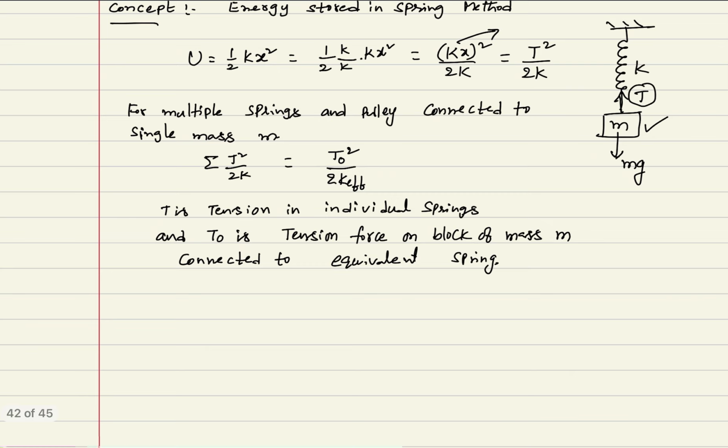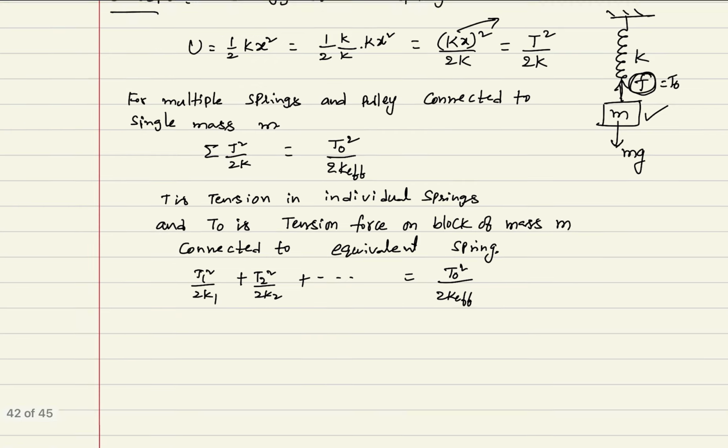So the meaning of the summation of T square by 2k is T1 square by 2k1 plus T2 square by 2k2 and so on, which is equal to T0 square divided by 2k effective. Here in this case, this is the T0.